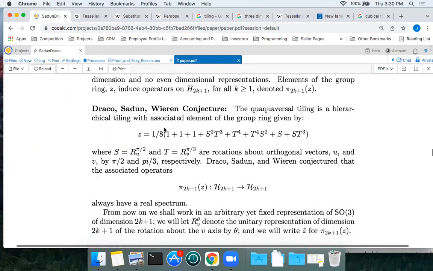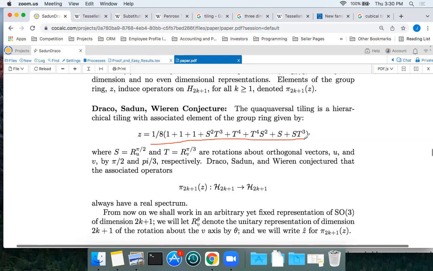So in our situation, we're looking at this operator. Again, I'll remind you, I'm rotating by pi over 2, and I'm rotating by pi over 3 about orthogonal axes, and then I have an element that looks like this. So Conway and Radin were able to describe the relations in this group.